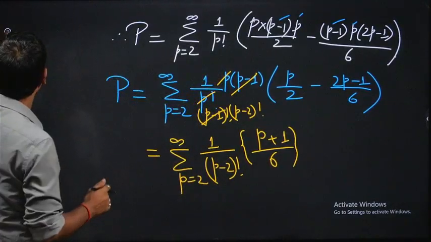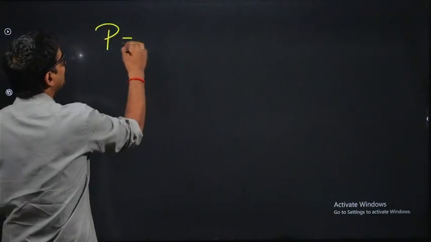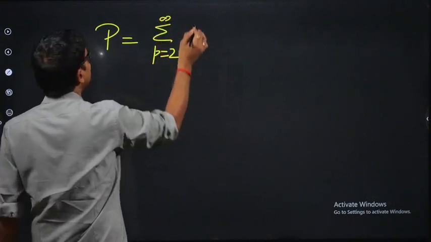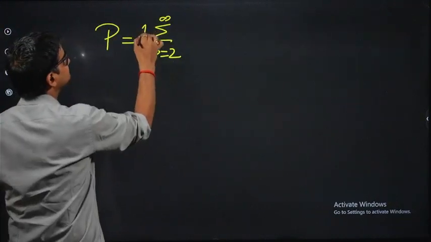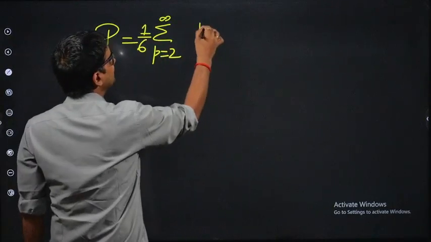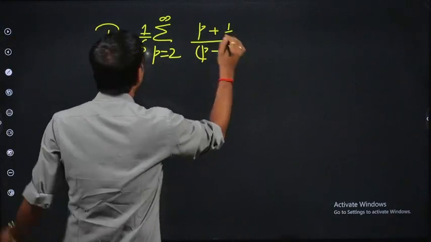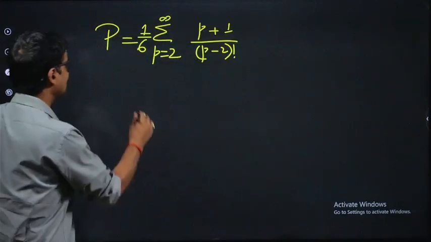So where have we reached? We reached the point where it's simply (p plus 1) over (p minus 2) factorial, with 1 by 6 taken out. Still it involves a few good things. Which series will help us?